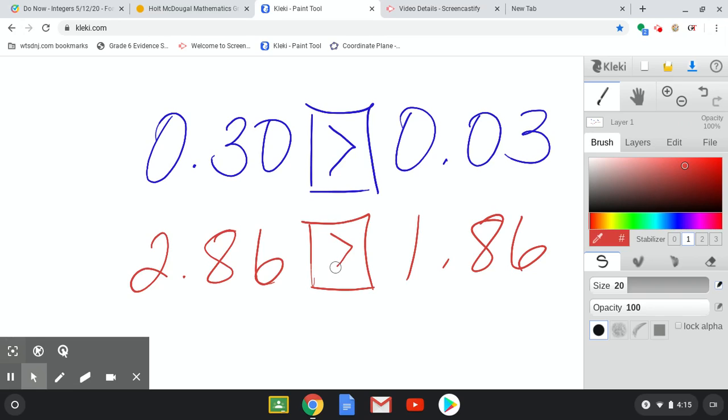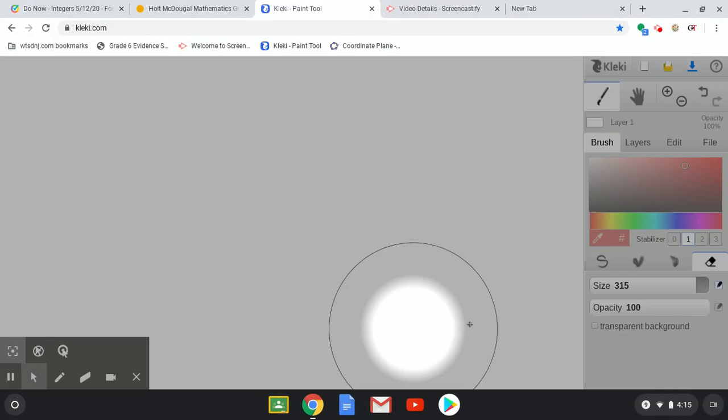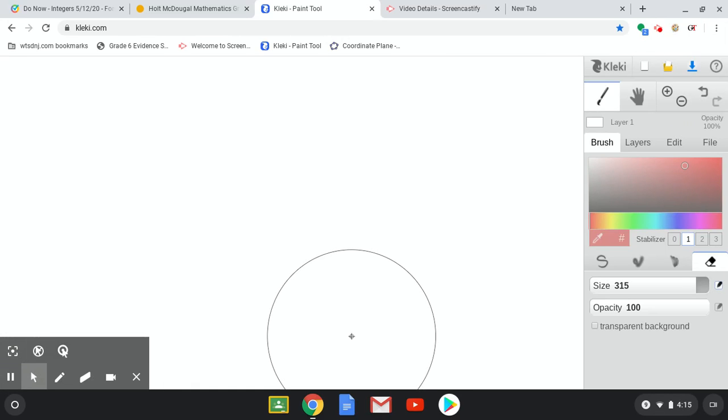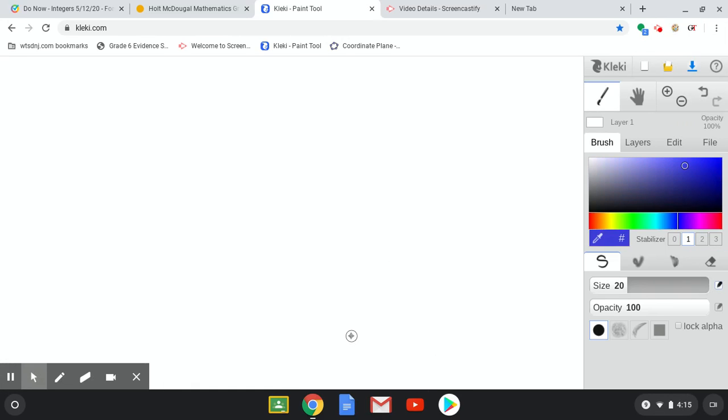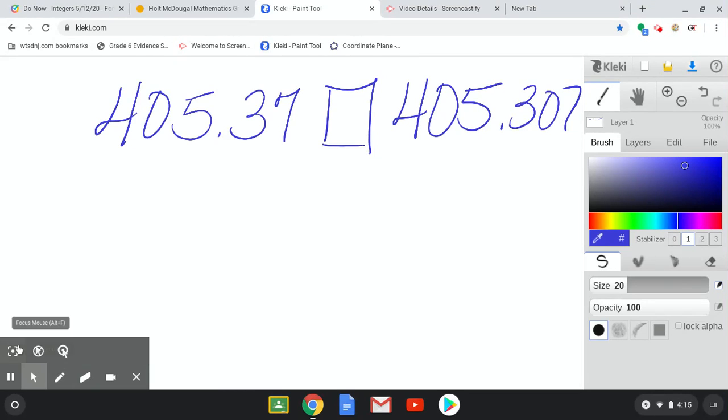Still don't know, I have to keep going. 5 in my ones, 5 in my ones. 3 tenths, 3 tenths. Still don't know. 7 hundredths, 0 hundredths. Well, 7 is greater than 0. So we now know that 405 and 37 hundredths is greater than 405 and 307 thousandths. Okay, so pretty simple. Go place value for place value.